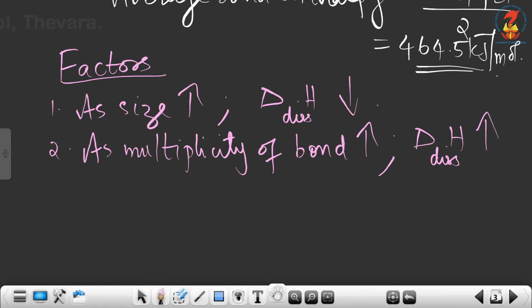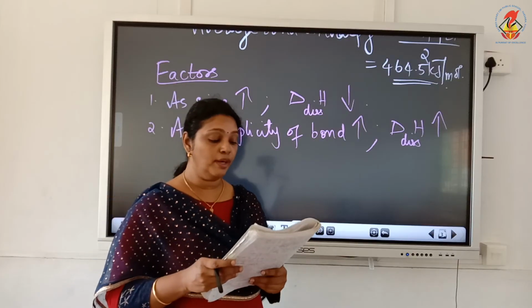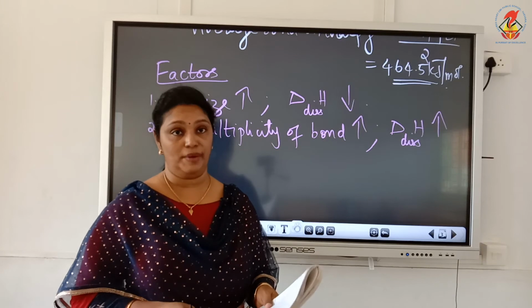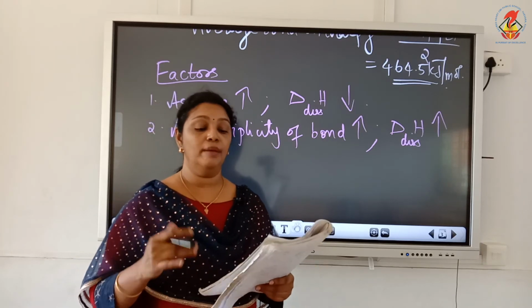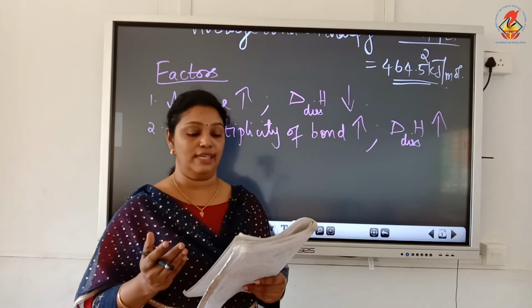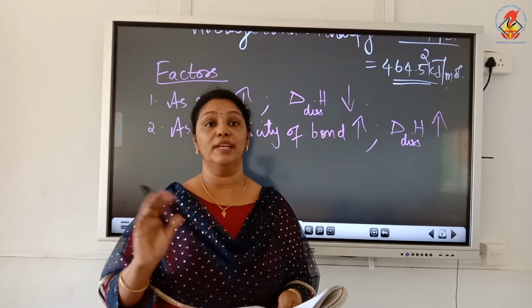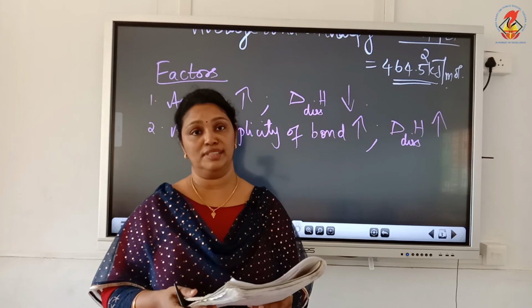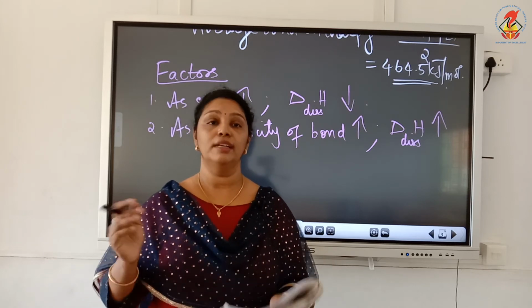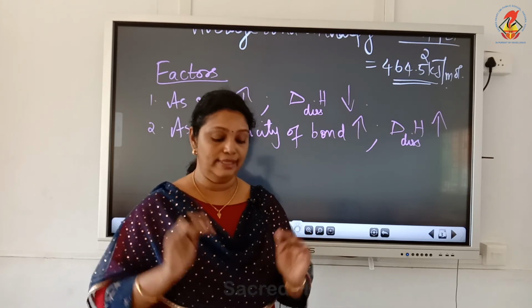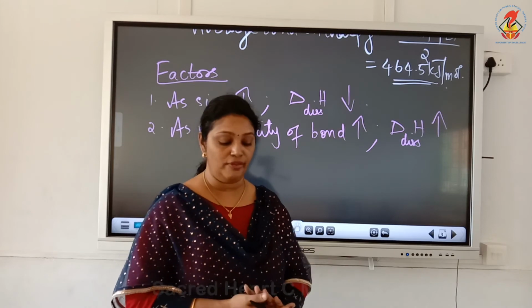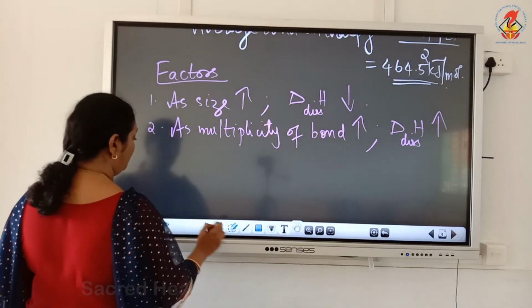Now next is the number of lone pairs of electrons present. If the number of lone pairs of electrons present on the bonded atoms increases, then what happens? There will be repulsion between the electrons. More repulsion will be there, therefore bond enthalpy decreases. So the third factor is the number of lone pairs of electrons.